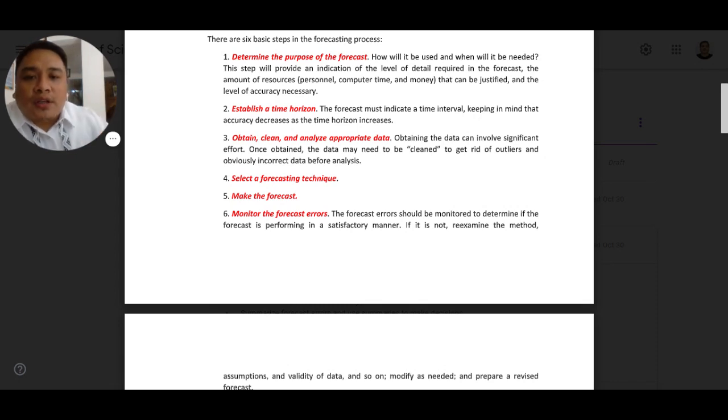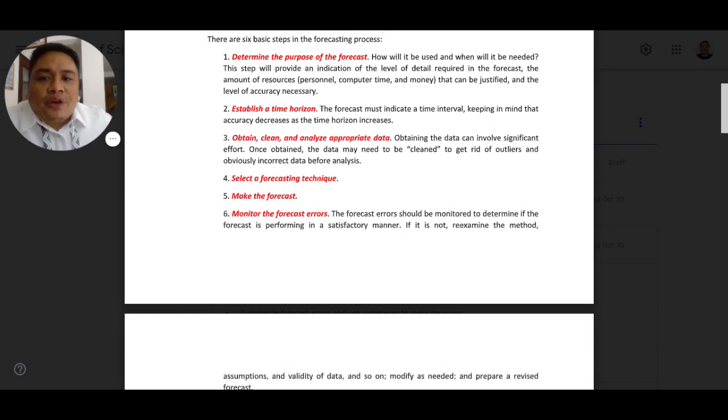So in forecasting, we should get rid of the errors, yung mga nakikita natin na hindi significant to the business organization. Yun yung tinatawag natin clean and analyze. Dinedetermine natin yung talagang kailangan natin para sa business organizations in terms of forecasting.